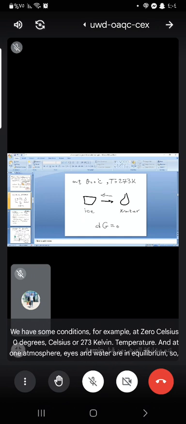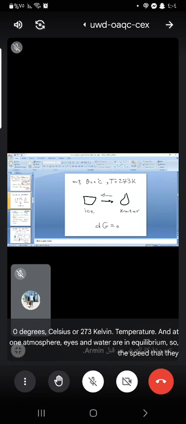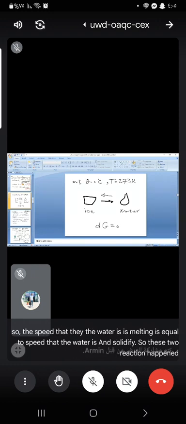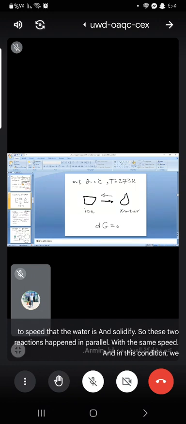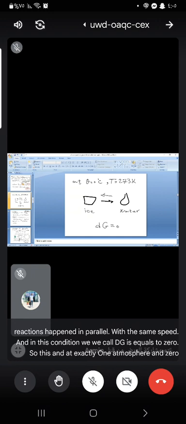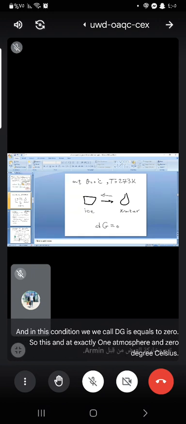So the speed at which the ice is melting is equal to the speed at which the water is solidifying. These two reactions happen in parallel with the same speed, and in this condition we say delta G is equal to zero. So at exactly 1 atmosphere and 0 degrees Celsius, we have these two phases of material in equilibrium.